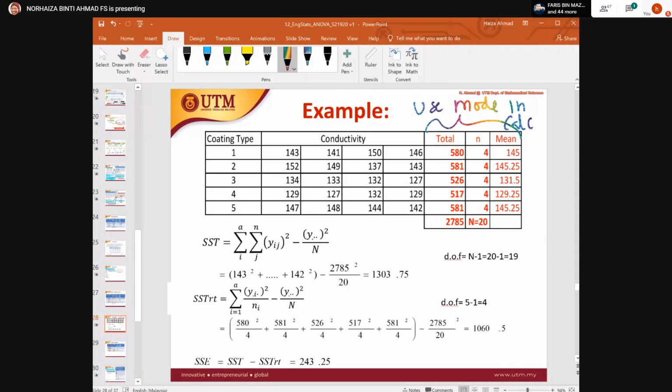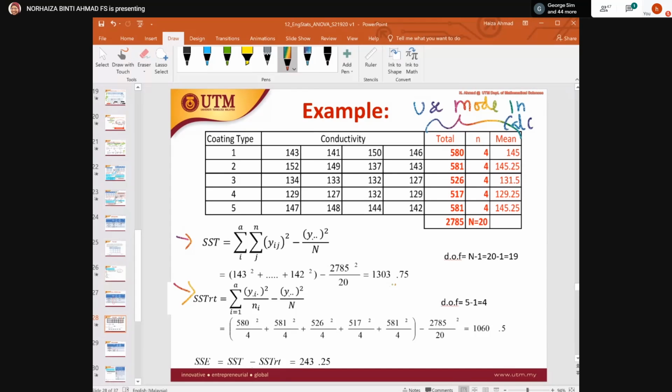Write this out first, because you need to calculate the sum of squares for total, treatment, and error. Error is easy because it's just the difference between SST and SS treatment.